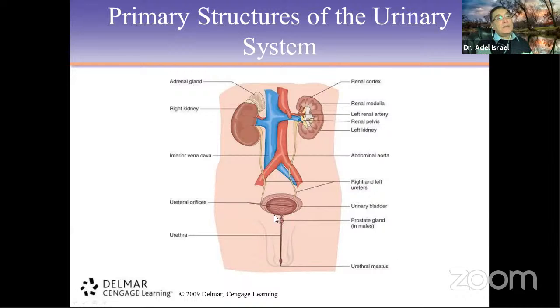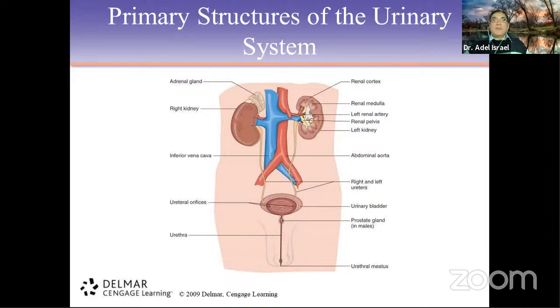Till this point, the male and female urinary systems are the same. Till the beginning of the urethra, the male and female systems are the same. No change, no differences. But from this urethra, we start to have two differences between the male and female. As you know, the male urethra is longer than the female urethra.